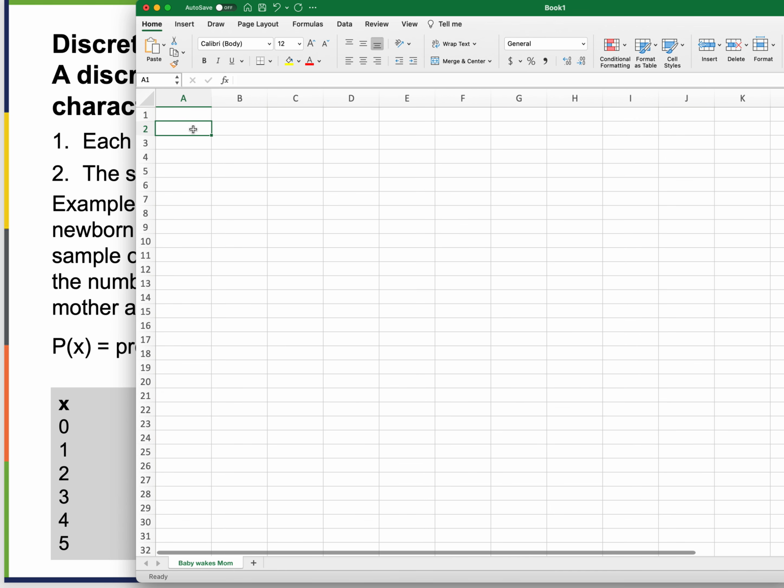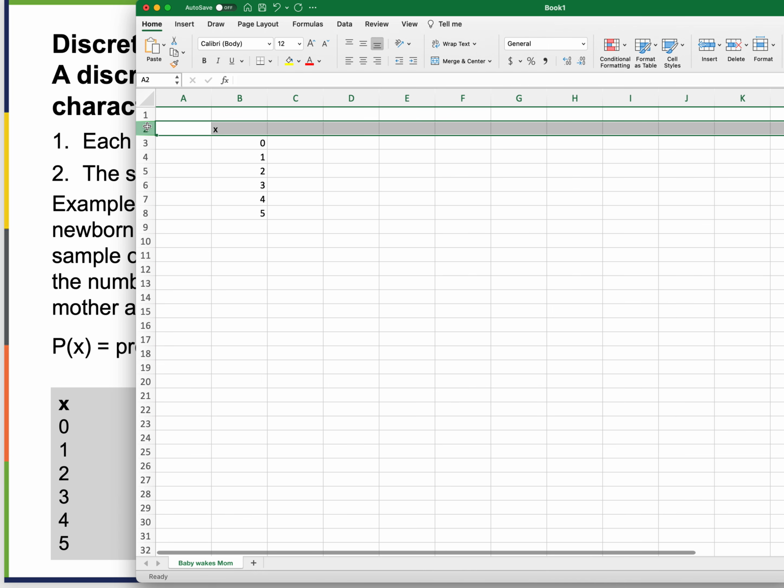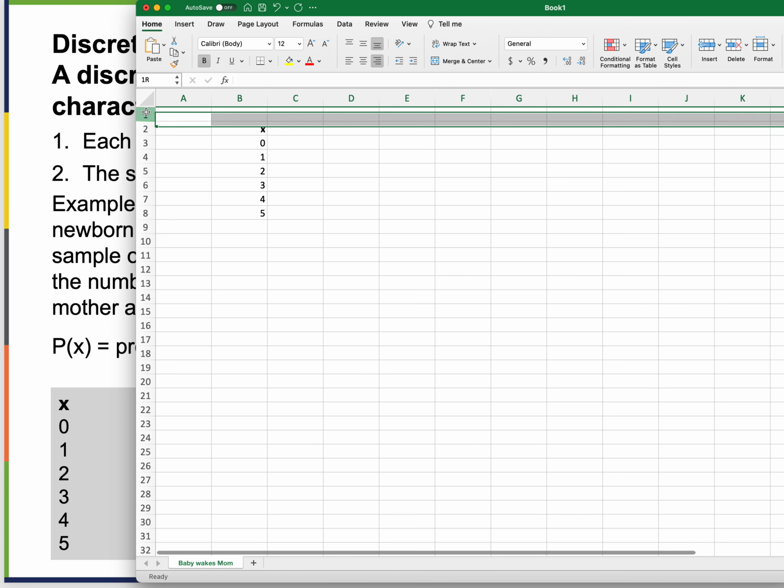And so if we have the variable x, and it goes 0, 1, 2, 3, 4, 5, and what little I know about babies, let's make these all right justified. Let's make them all bold. And the same thing up here.